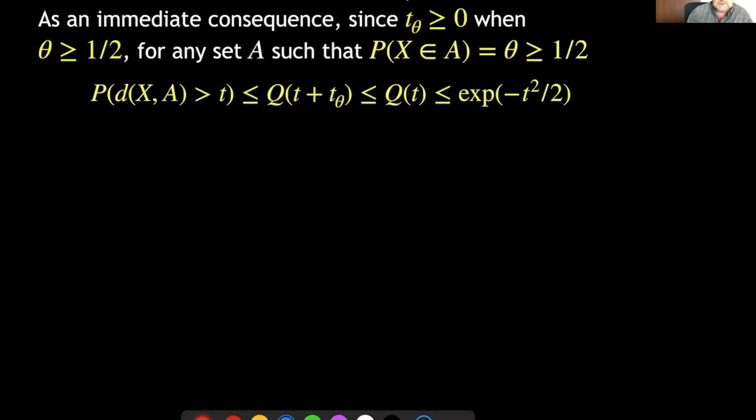This is a consequence of the preceding theorem. But since t theta is non-negative, this tail is also less than the Gaussian tail at point t, which is also less than exponential minus t squared over 2.